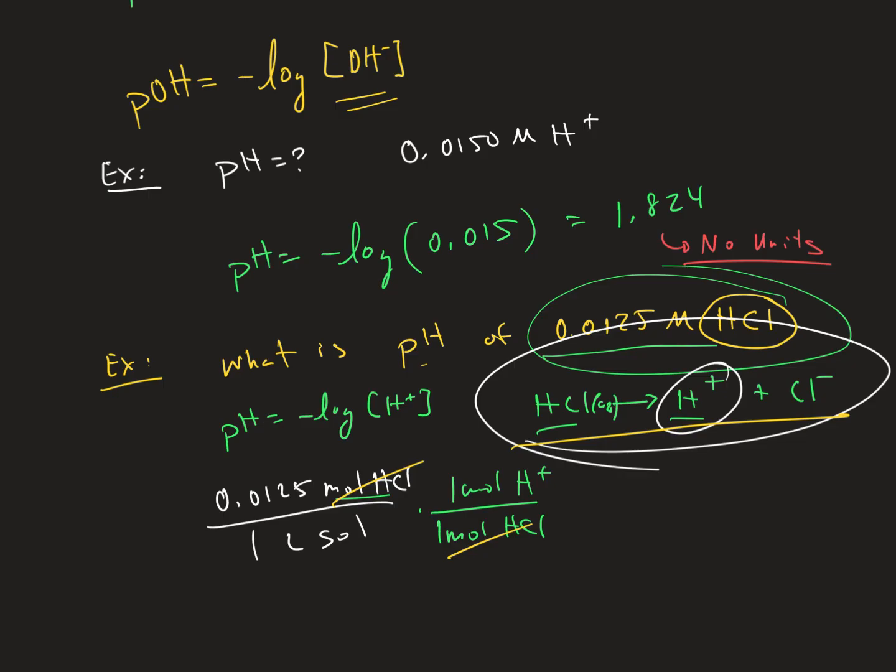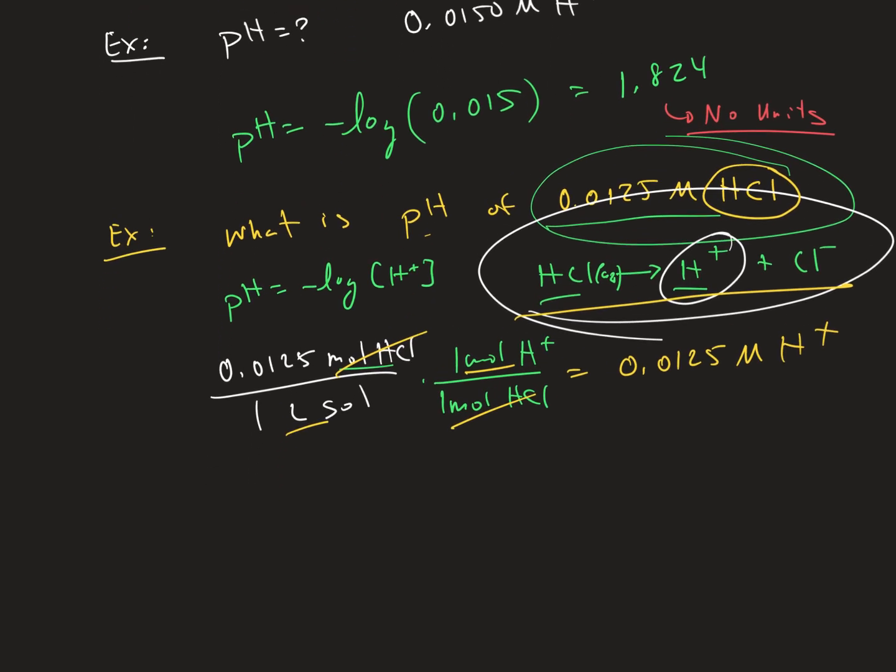You with me? So if we do that, we're going to get 0.0125 molar concentration of H plus, because we still have moles per liter. Does that make sense to everybody? So there's still 0.0125 moles of hydrogen in HCl because it's a 1-to-1 ratio.